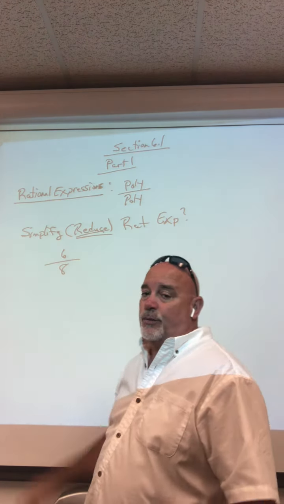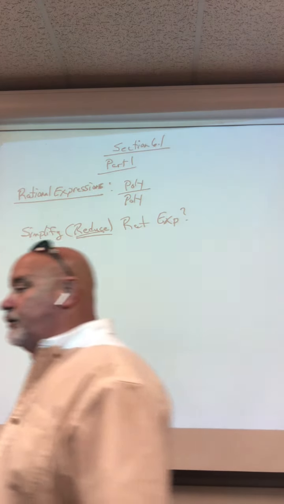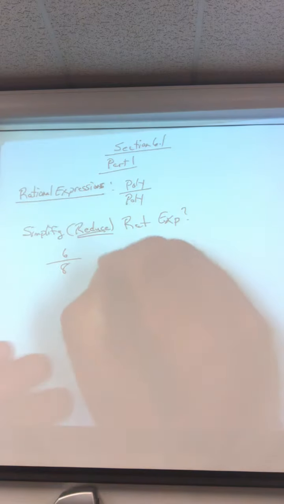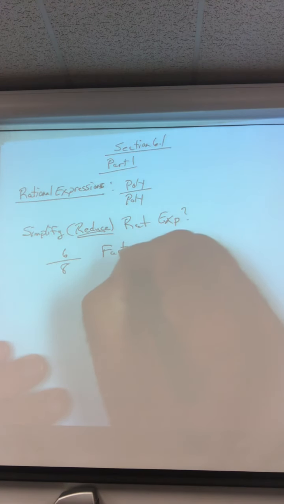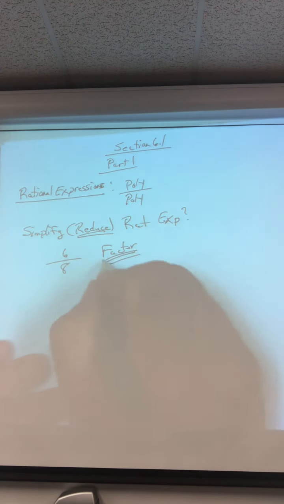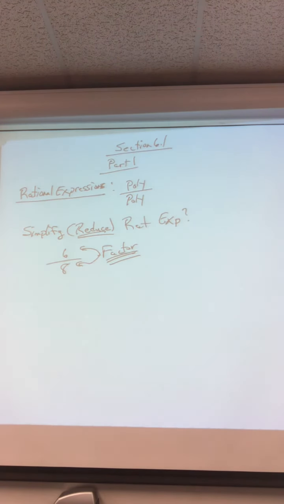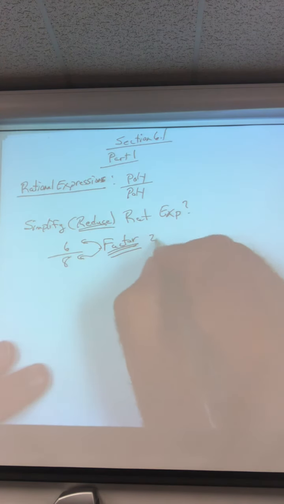If I ask you to reduce this, what do you do when you reduce? You find a factor that divides into both of these. Now, we can do this in our head. What factor divides into 6 and into 8? Well, 2 will.